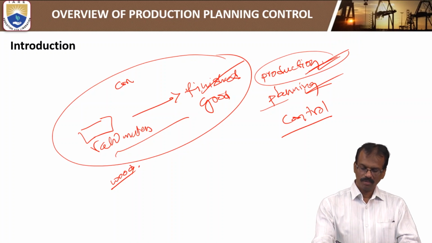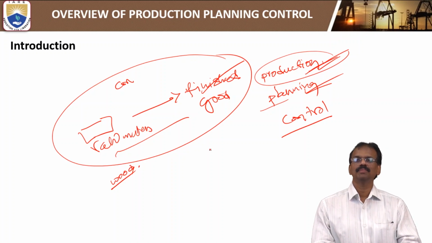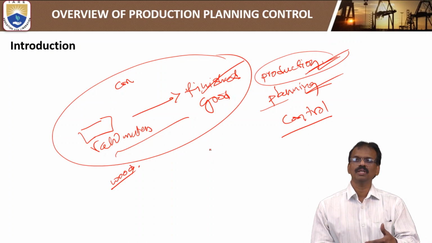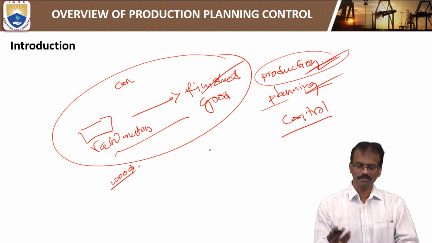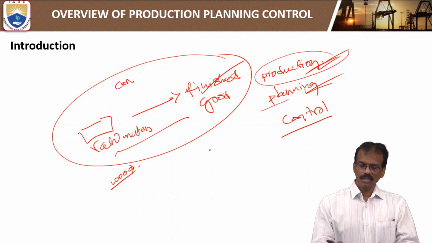So it starts with evaluation of the product demand in the market, and evaluation of the resources you have in your company. Suppose you are the manager of a company. So you evaluate or study the resources.